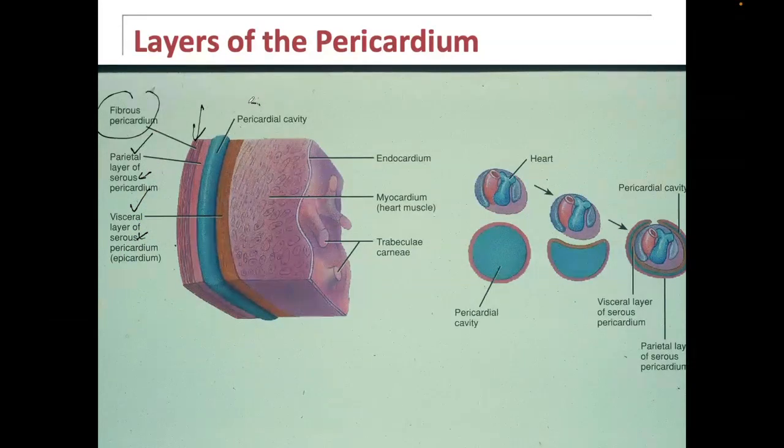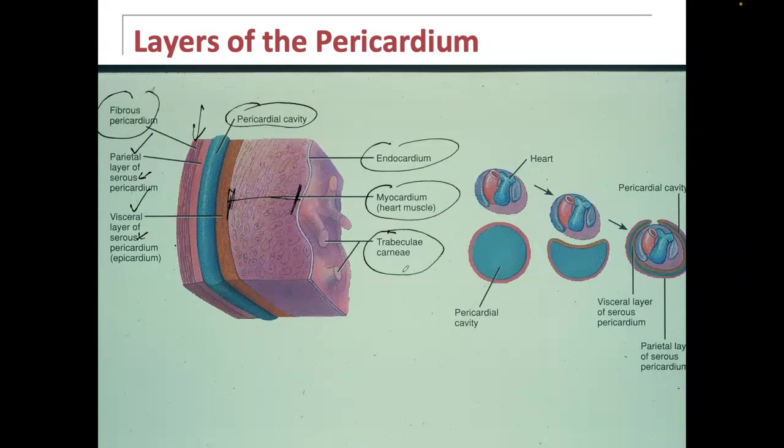And in between the two, that's the pericardial cavity. Now the thickest layer from here to here, that's the myocardium. The innermost, that's the endocardium. The extension of the muscle into the inner part of the heart, that's called the trabeculae carneae. It's going to give the musculature a very spaghetti-like appearance.